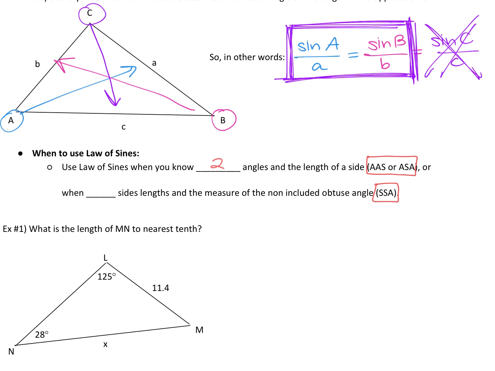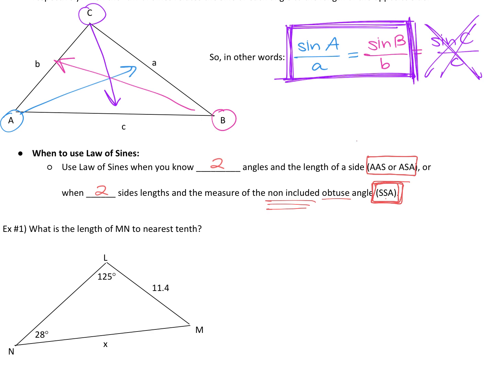So that could be AAS, or that could be ASA. Or when you know 2 side lengths and the non-included obtuse angle. So it's going to be SSA. If you see that setup, you can use the law of sines.